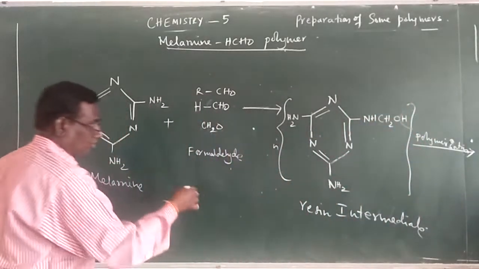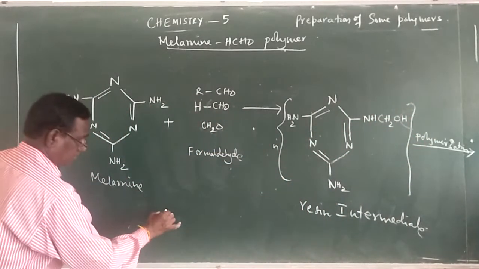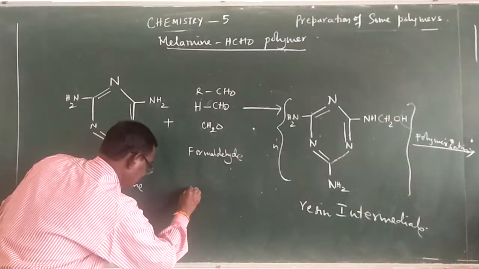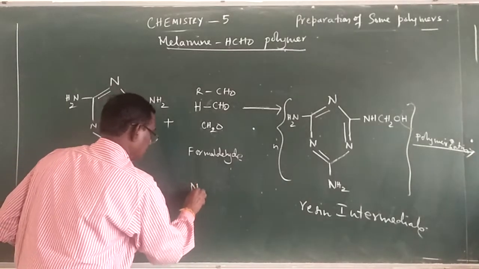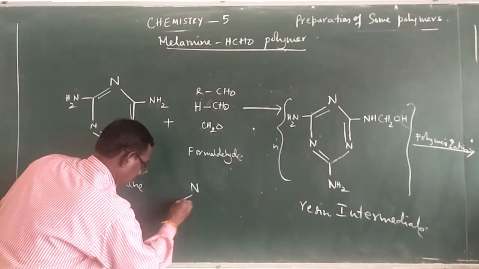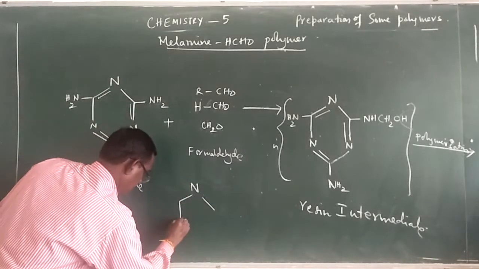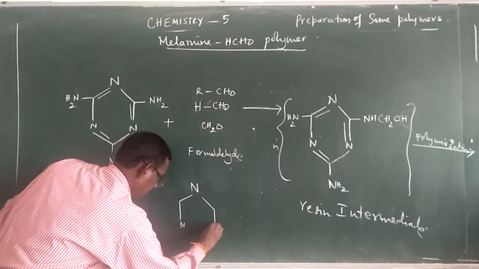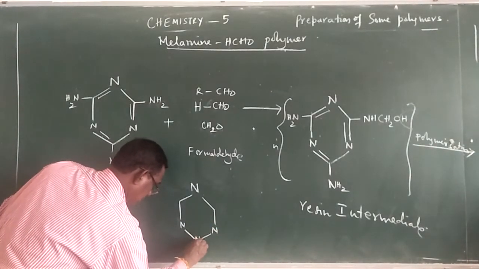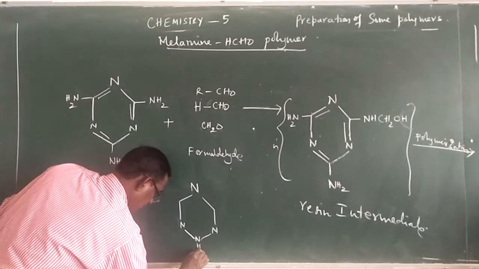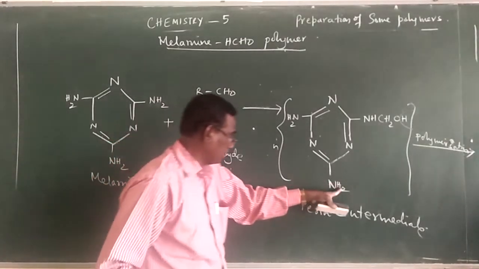Like this, I am going to write the product here. This is n, and this is NH with a dash, because one hydrogen atom is removed.